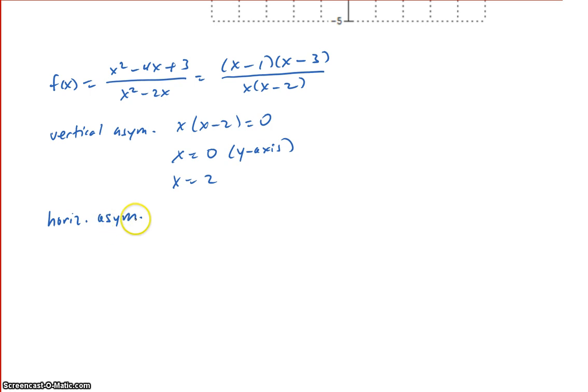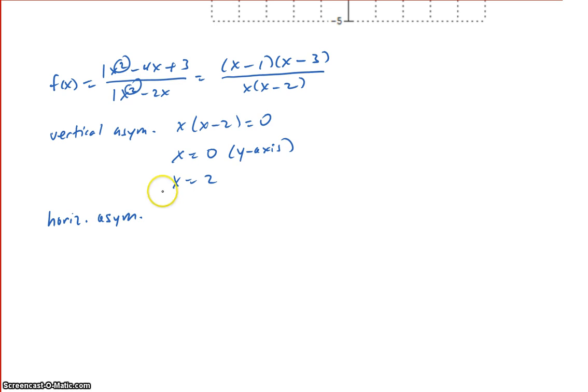Well, there it's a question of comparing degrees. The degree of the numerator is 2. The degree of the denominator is 2. If the degrees are identical, then there will be a horizontal asymptote, and its equation is determined by the ratio of the leading coefficients, which in this case are both 1.